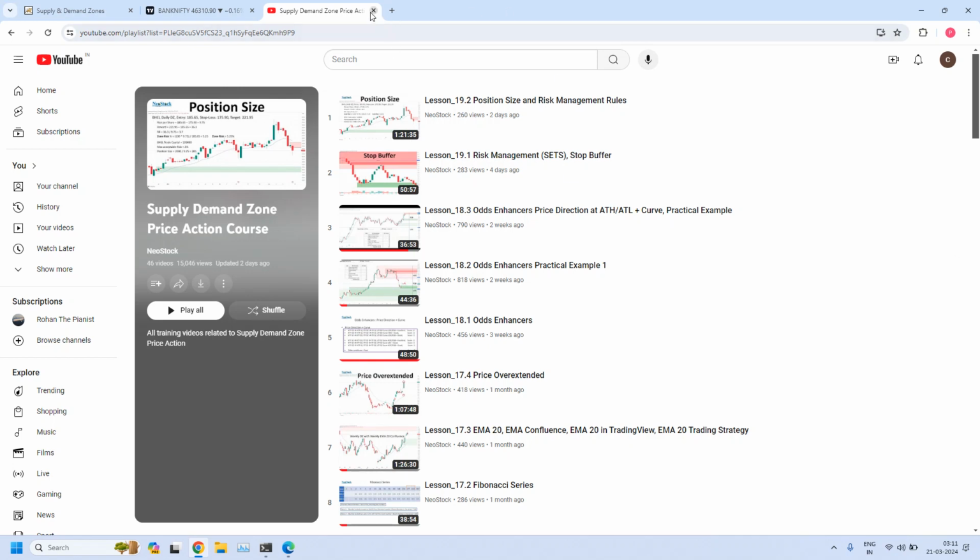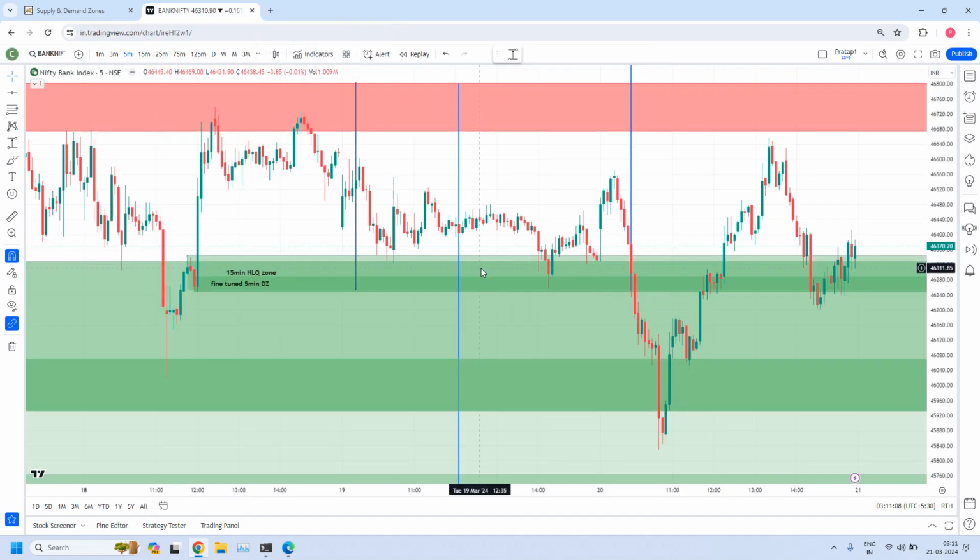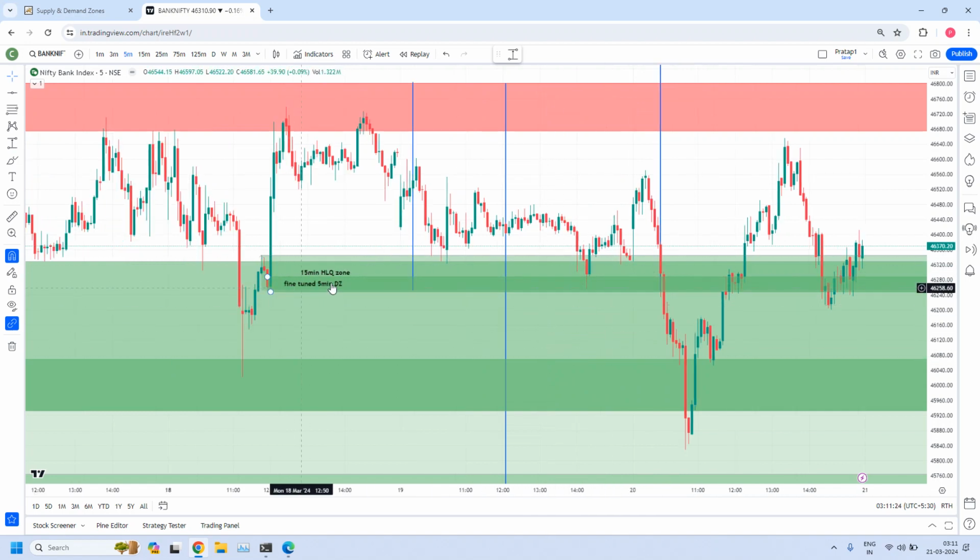Now let's get into the analysis of Bank Nifty as per the supply demand zone chain generated in our yesterday's report. Yesterday I gave you some exercises and also told you some important points. Here we have a 15 minutes high liquidity zone which we fine-tuned to a 5 minutes demand zone.